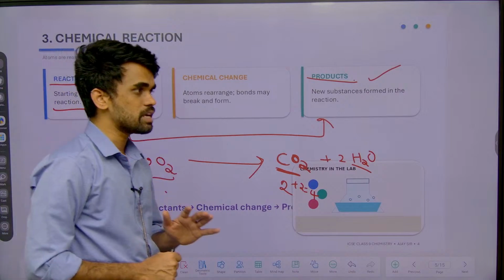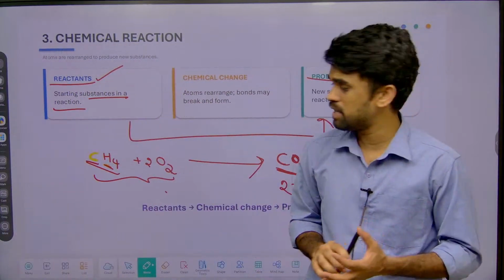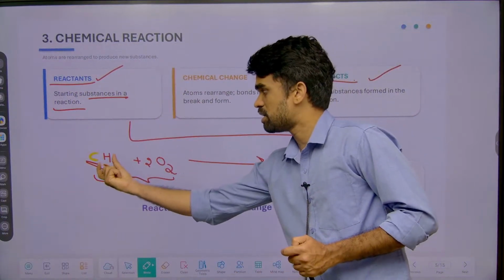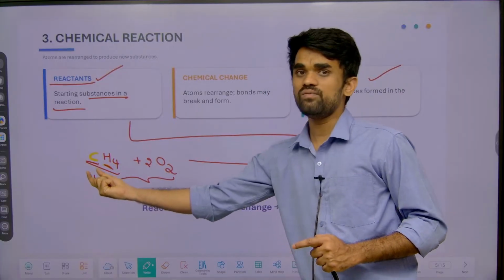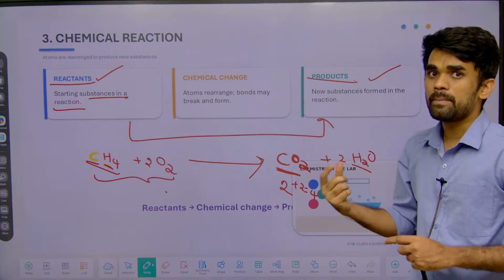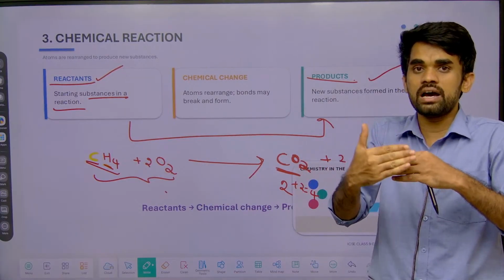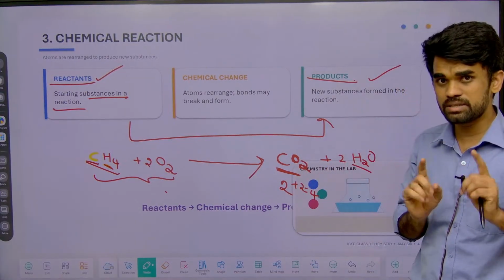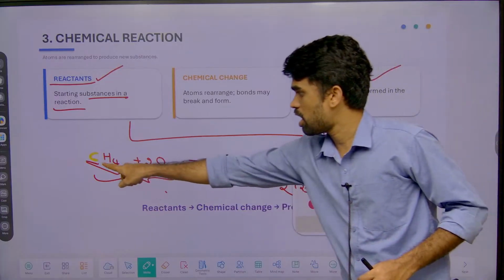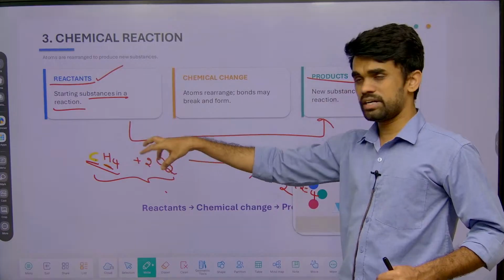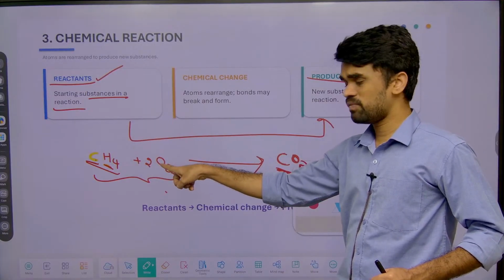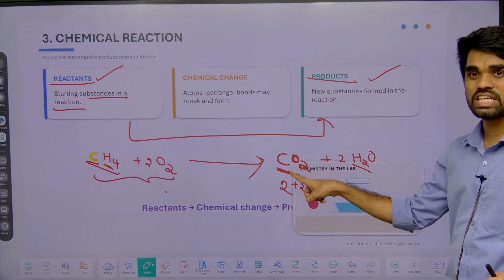In a balanced chemical reaction, what I am saying is the total number of atoms we are seeing at the reactant side, the same will be present at the product side, but they may get rearranged or reorganized. Reorganized means, I hope it is clear. See, carbon is reorganized to combine with oxygen, forming CO2.